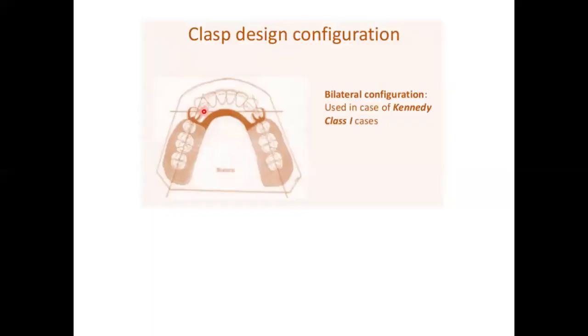So RPI stands for mesio-occlusal rest, R for rest, proximal plate P, and I bar. In most Kennedy's Class 1 configurations, your clasp configuration will be an RPI on either side with an indirect retainer in the canine region.